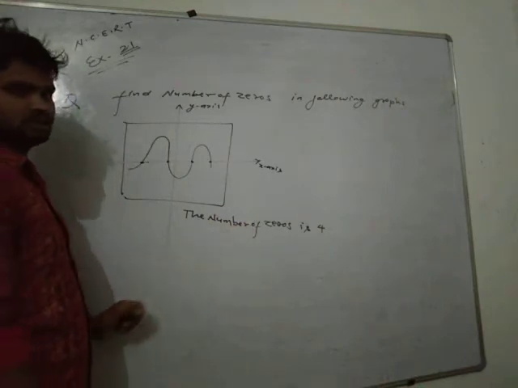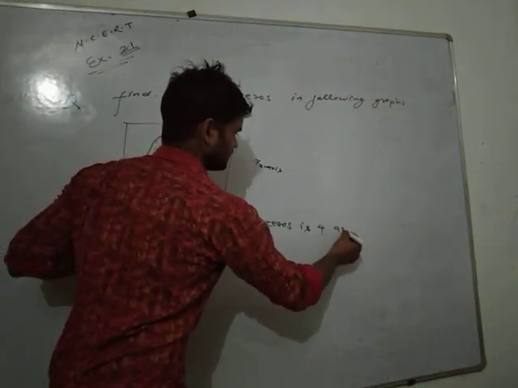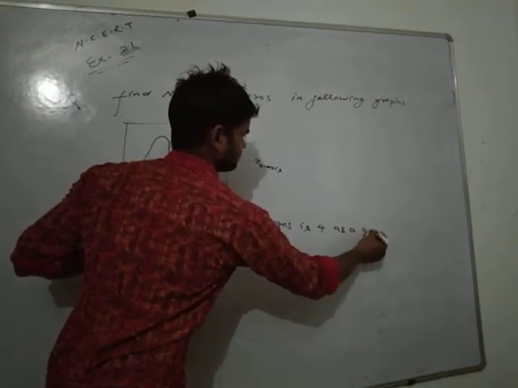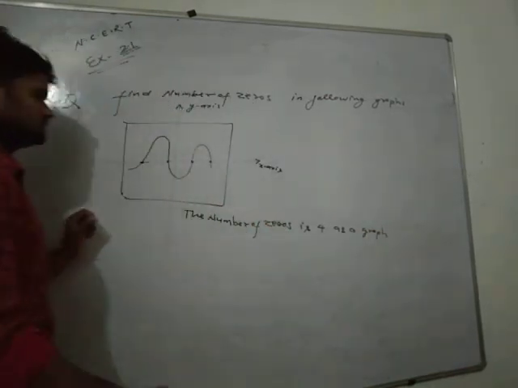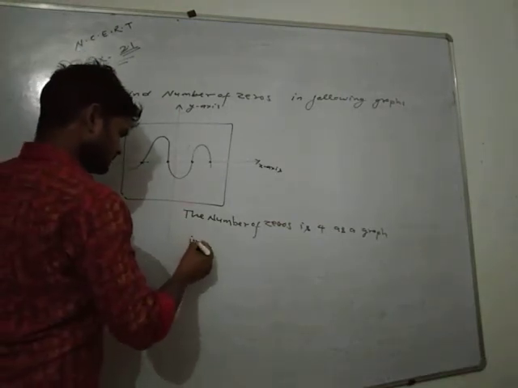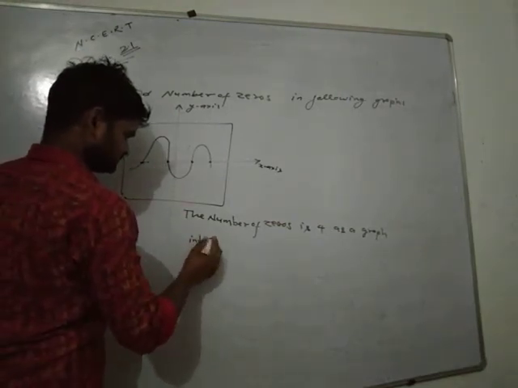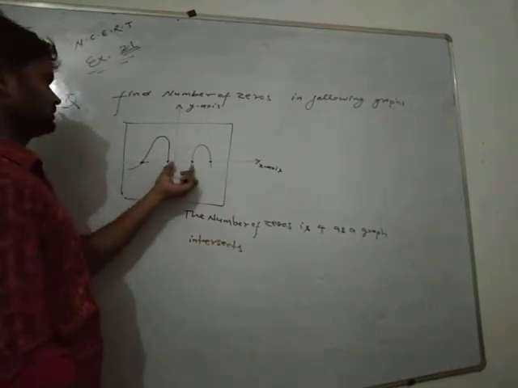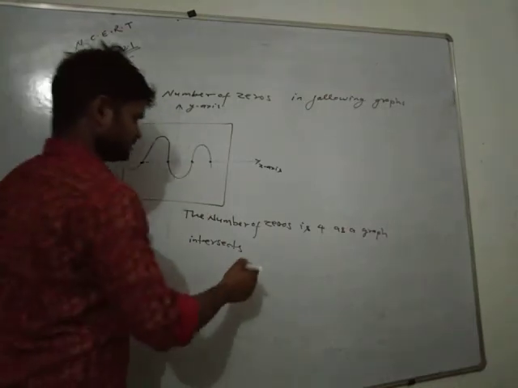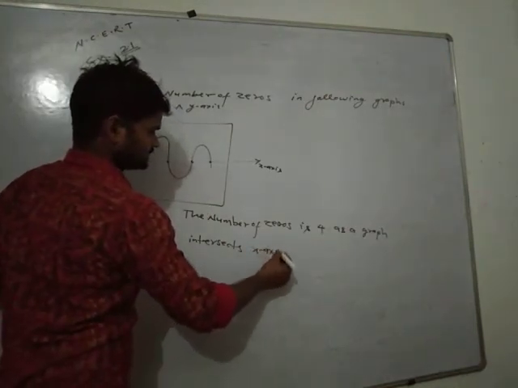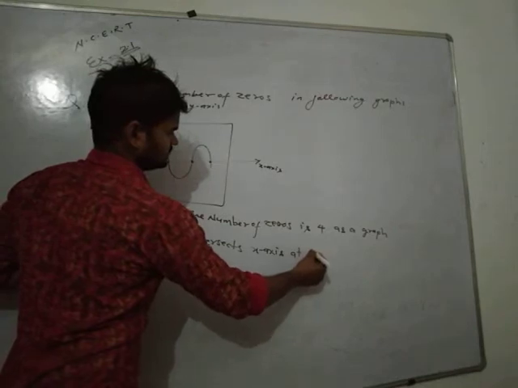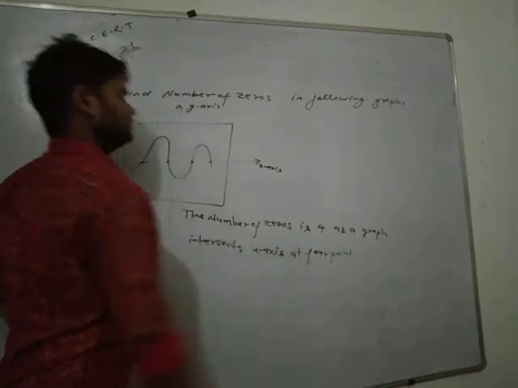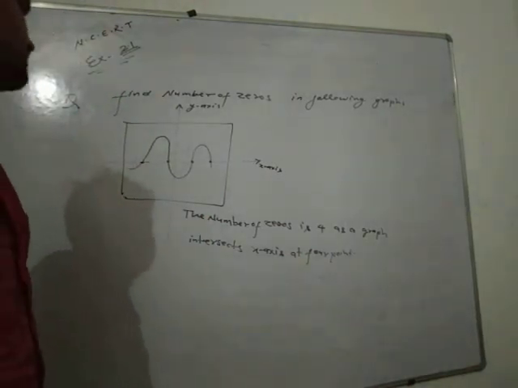The number of zeros is 4 as the graph intersects the x-axis at 4 points. Clear, student?